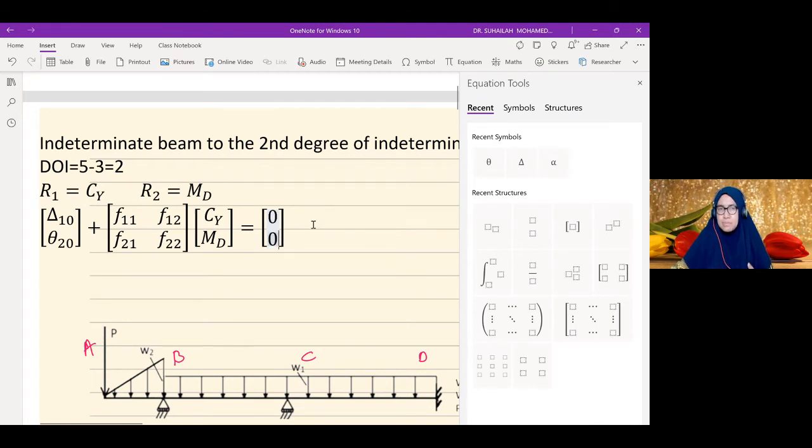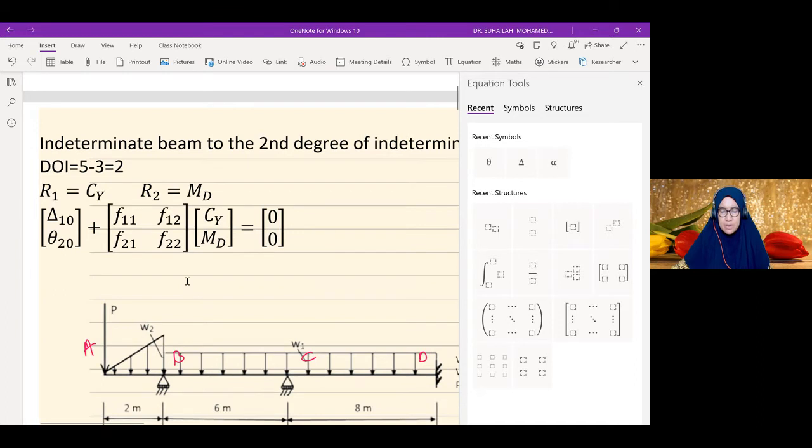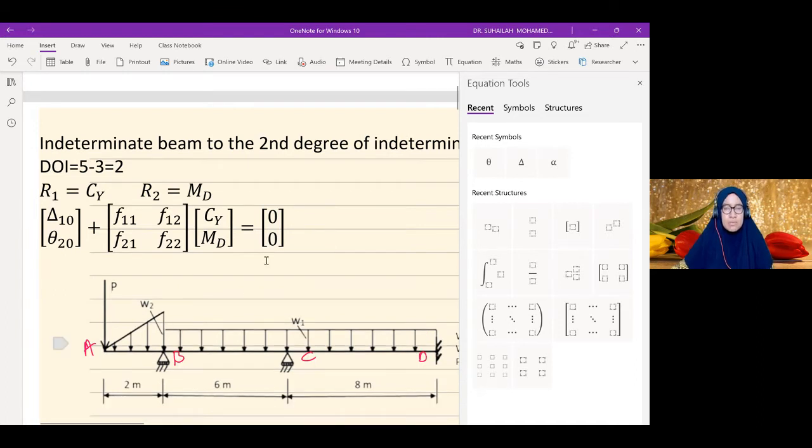When there is a settlement given in the question, we need to consider settlement, then only the value for this will be changed. Having this compatibility equation, we know that there are 6 displacements: 2 displacements from the primary system, 2 from redundant number 1, 2 from redundant number 2.